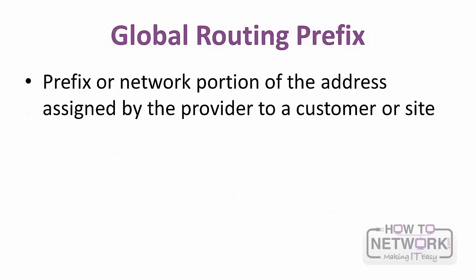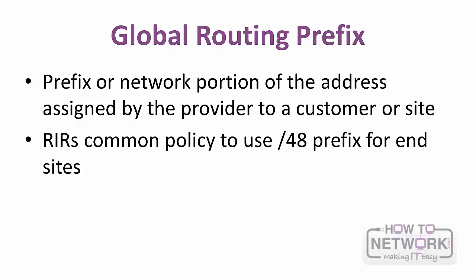The global routing prefix is the prefix or network portion of the address assigned by the provider, such as an ISP, to a customer or site. It is common for regional Internet registries to have the policy for end sites to use a 48-bit prefix, /48.